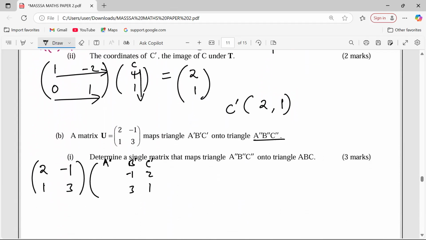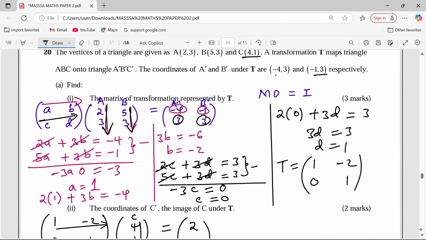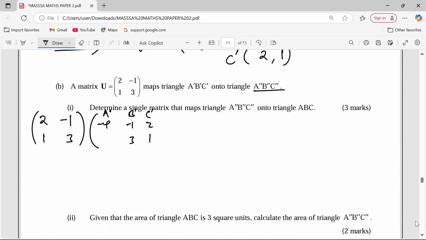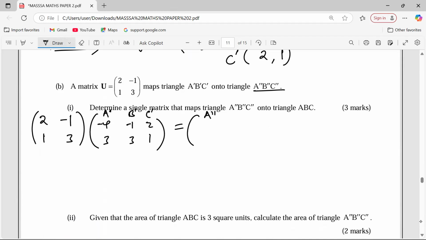Negative 1, 3, and A is negative 4, 3, right? Yeah, negative 4, 3. Now these ones are being mapped onto this one.